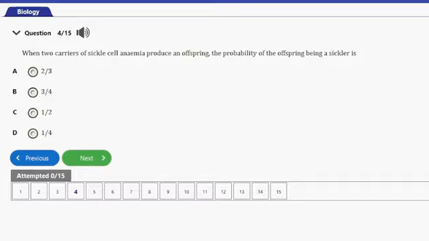When you have carriers, they are just like heterozygous all through, right? So if you cross them, you're going to have 1 out of the 4 being a sickler. So that's it for that question. 1 over 4 is the chance of that.